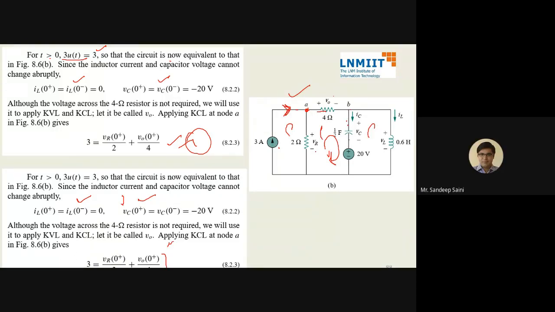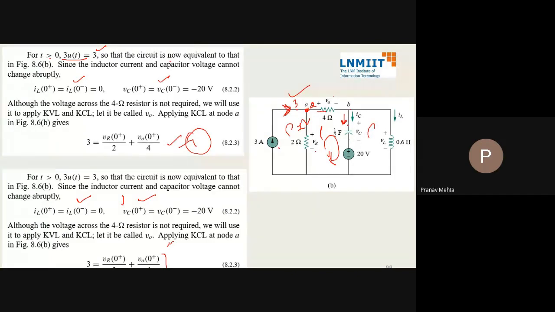So 1 ampere flows through the 4 ohm resistor and 2 through the 2 ohm. Then how is the circuit completed from the 4 ohm resistor? Where is the current coming back from? It will come from this branch. But sir, VC is still minus 20 volt there.